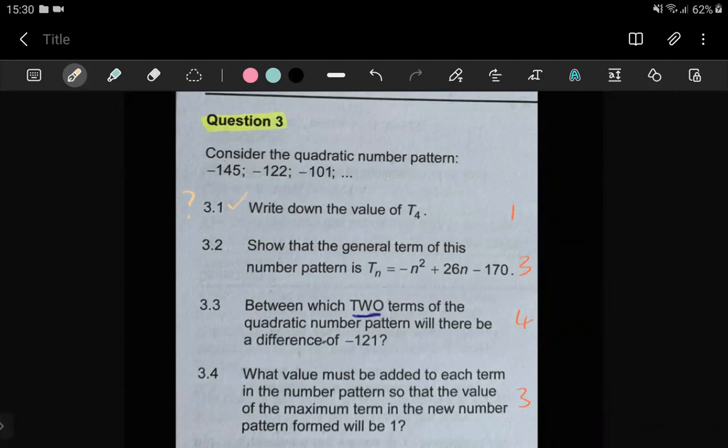Minus 82. Perfect. And was 3.2 okay? 3.2 was fine. I just struggled with 3.4. Okay, perfect. So the big and 3.3.